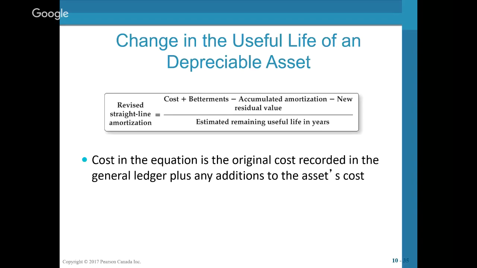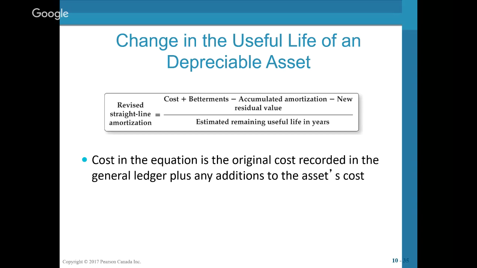What happens if you want to change the useful life of a depreciable asset? Well, here you take the cost, you add any betterments you've done to the asset, you subtract the accumulated depreciation, you subtract the new residual value, and you divide all of that by the remaining useful life in years. Again, this isn't as tricky as it sounds.